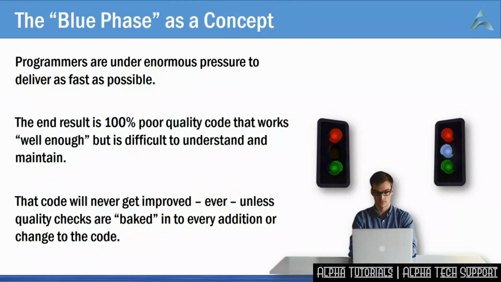The difference is with traditional development, you never improve the code after the event, leaving it in a suboptimal state forever because A, there are other things you've got to do, and B, you're scared if you go back later on and improve things, you'll break something. With test-driven development, this problem is solved by incorporating the blue phase right into the test-driven development cycle.